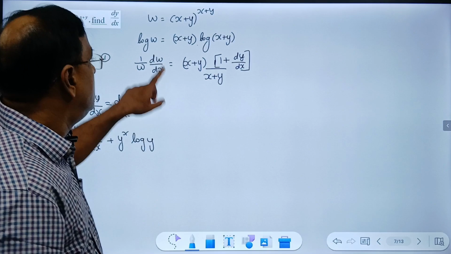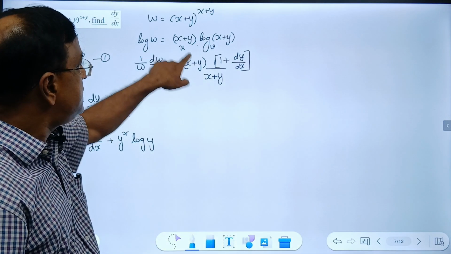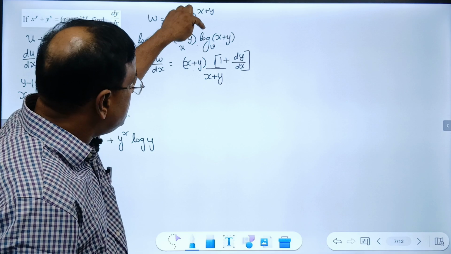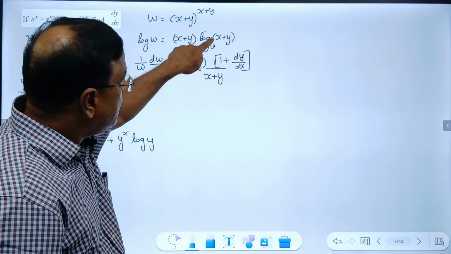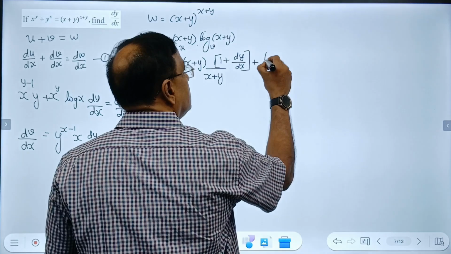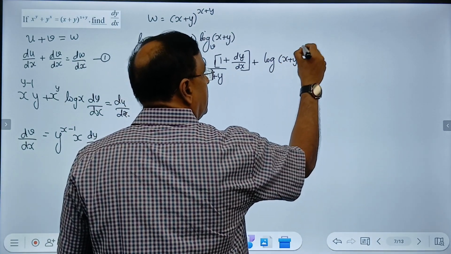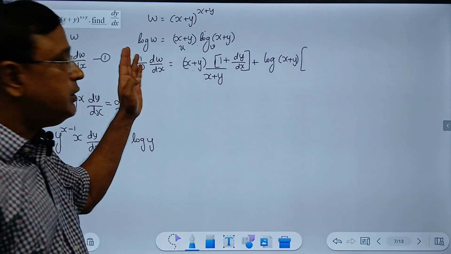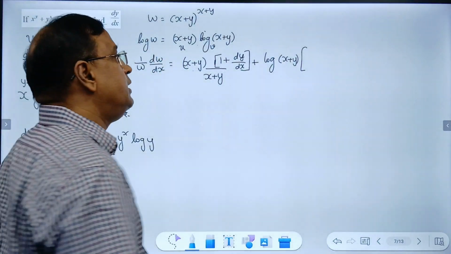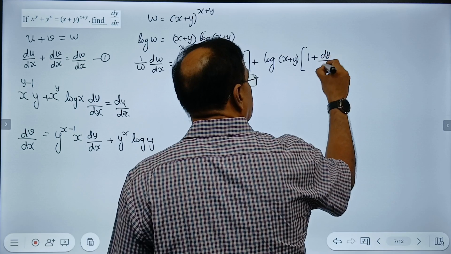Okay, again this is u, this is v. U is x plus y, v is log of x plus y. First I differentiate log, then I differentiate x plus y, plus v into, I want to differentiate u, that is x plus y. Differentiation of x is 1 and differentiation of y is dy by dx.